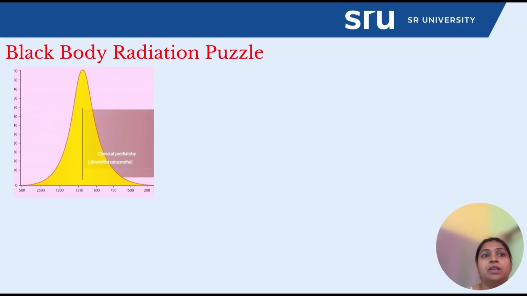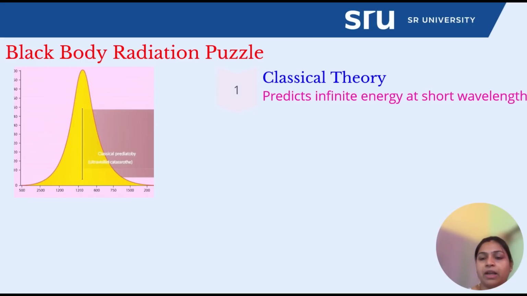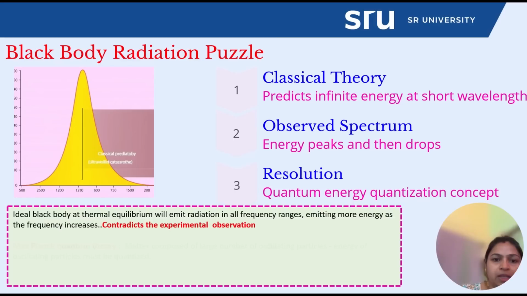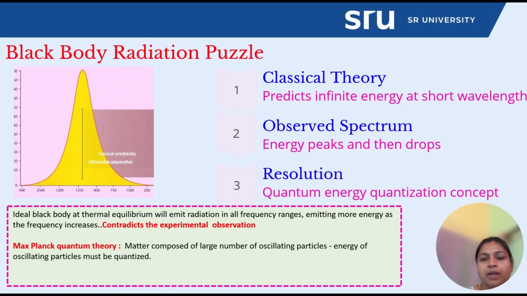According to classical physics, the energy radiated per volume at a particular frequency increases with frequency, and at high frequency this leads to infinite energy, a paradox called the ultraviolet catastrophe. So the classical prediction is infinite energy at short wavelengths, whereas the actual energy rises to a peak point and then comes back down. And the resolution is the concept of quantized energies in quantum theory.